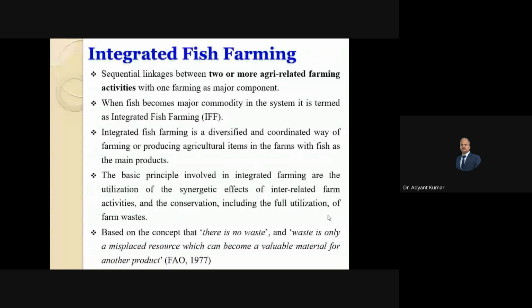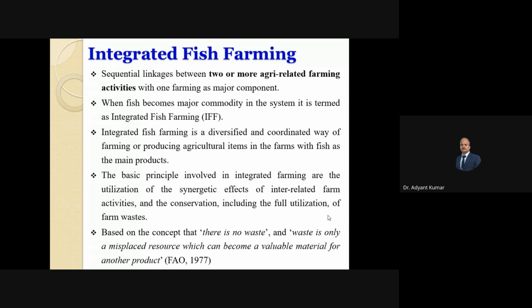One of the systems is the integrated farming system. Here, two or more agri-related farming activities are integrated, and fish is one of the major components in this system.